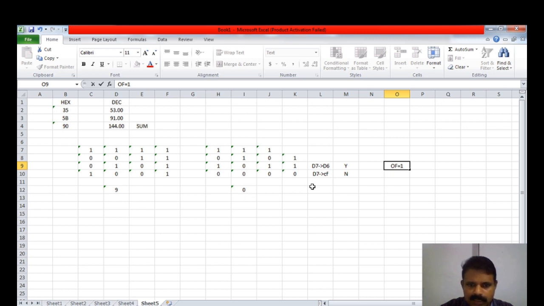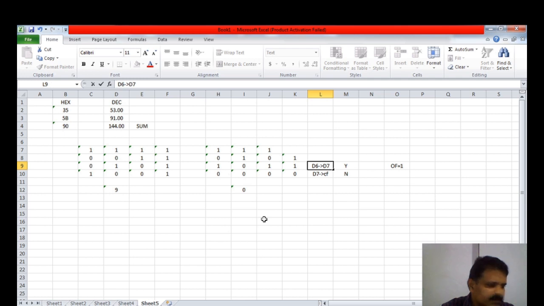Here also we can write the same thing: OF equals carry from D6 to D7 XOR carry from D7 to the carry flag. So here the overflow flag is set.